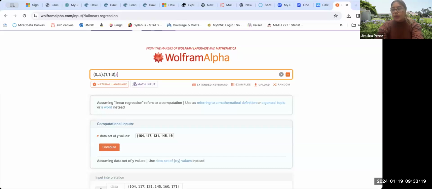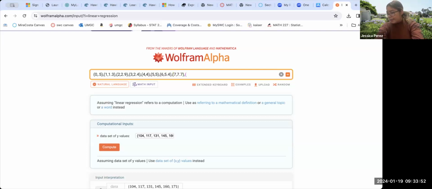1, 1.3, we have 2, 2.9, and then 3, 2.4. Making sure that I'm doing it correctly. Then I'm separating my points: 4, comma, 4.5, and then a new one: 5, 5. Then 6, 5.4, close it, open a new one. 7 and 7.7.